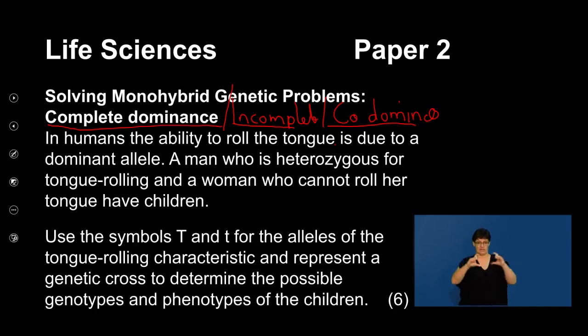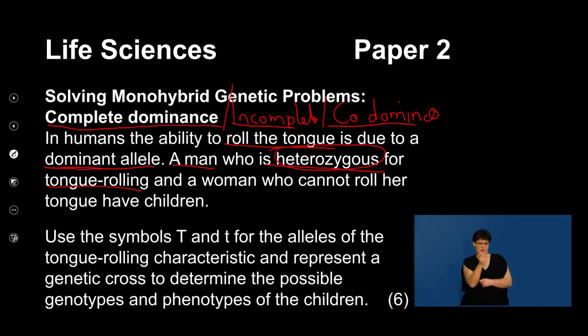So here's the question. In humans, the ability to roll the tongue is due to a dominant allele. And by dominant, we should know the difference between what dominant and recessive means. A man who is heterozygous for this condition, tongue rolling, and I'll explain heterozygous in a bit.